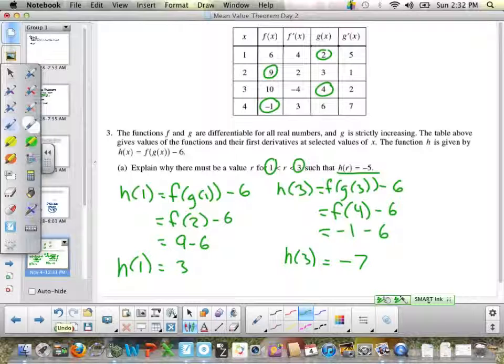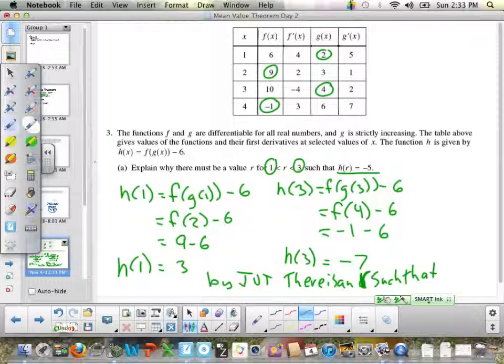So because h of 1 and h of 3 surround negative 5, by the intermediate value theorem, there is an r such that 1 is less than r is less than 3, and h of r equals negative 5.